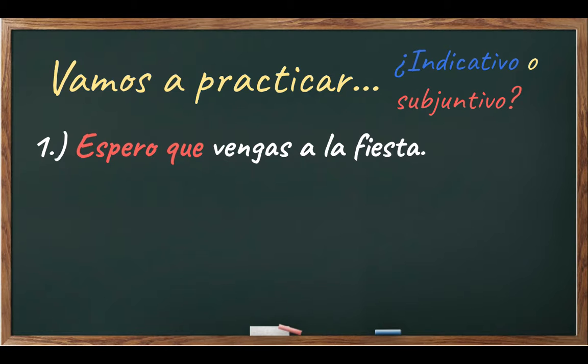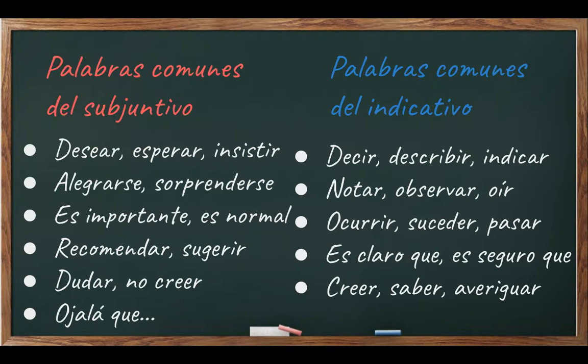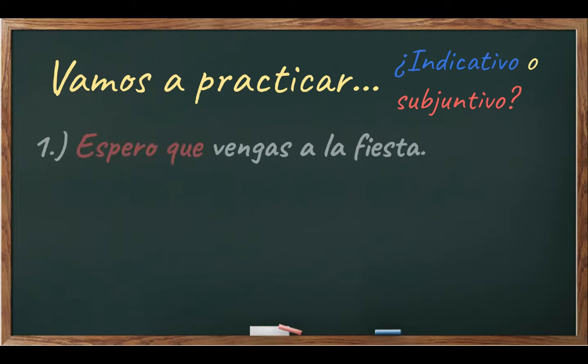But we know for a fact that it's subjunctive because we have the verb esperar here. And this is in the key phrases, esperar. I hope that you come to the party. So remember, thinking about the subjunctive, oftentimes you're saying what you want people to do. You don't have control over it, but it's what you want them to do.